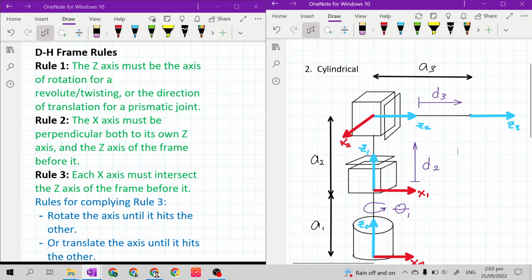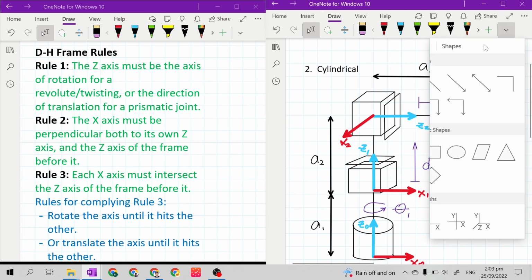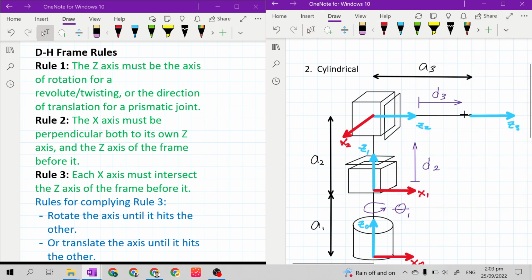Lastly, for the end effector, we will follow rule 2. Rule 2 states that the x-axis must be perpendicular both to its own z-axis and the one before it. Our z-axis at the own frame of x sub 3 is z sub 3, and the z-axis before it is z sub 2.